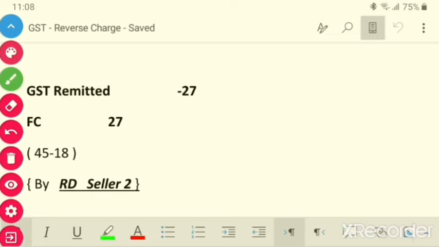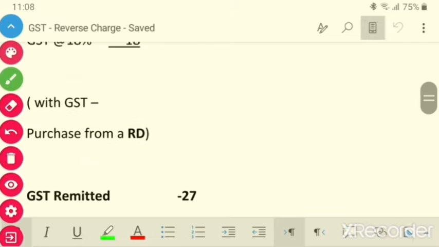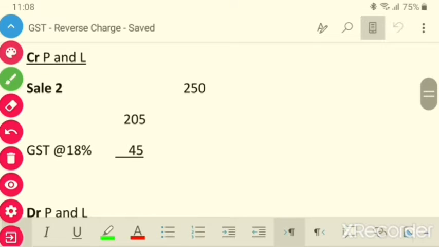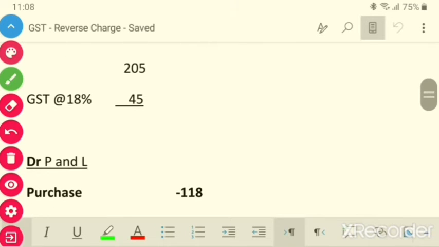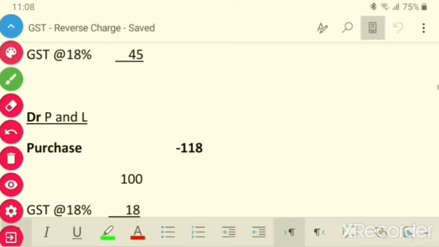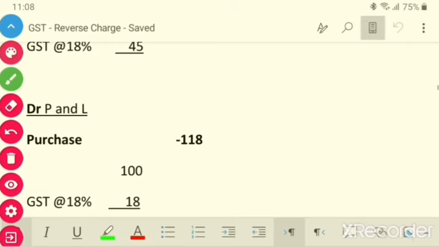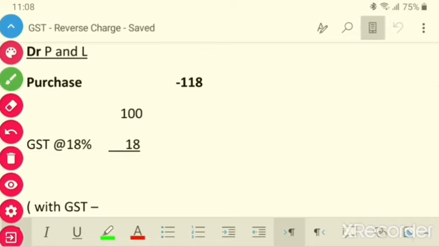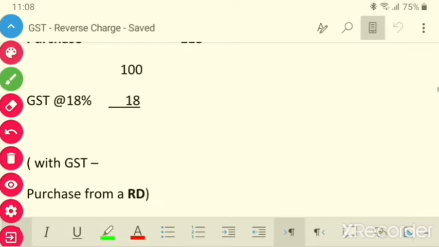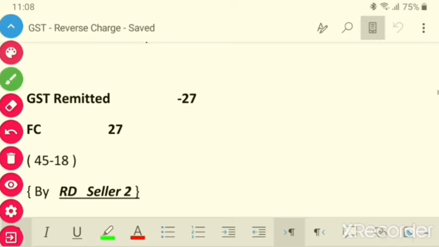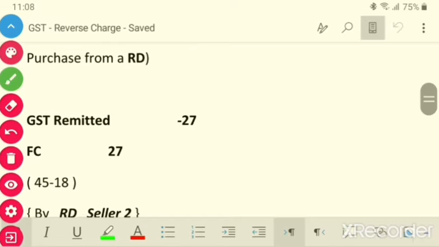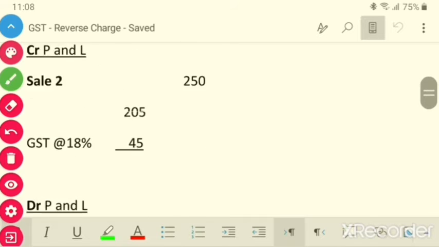GST remitted is 27. How 27? 45 is the GST on output. On input, seller 2 has paid 18 rupees. So 45 minus 18, output tax minus input tax, net 27 he will pay to the government. That's it. So 27 is remitted to the government.